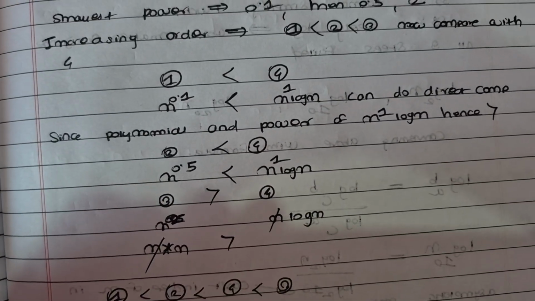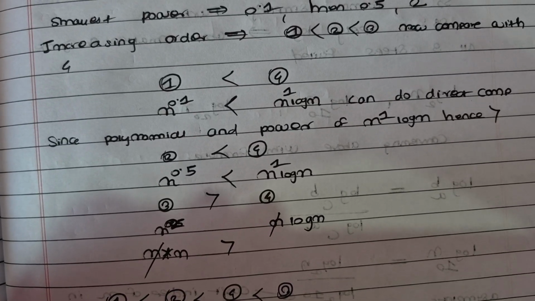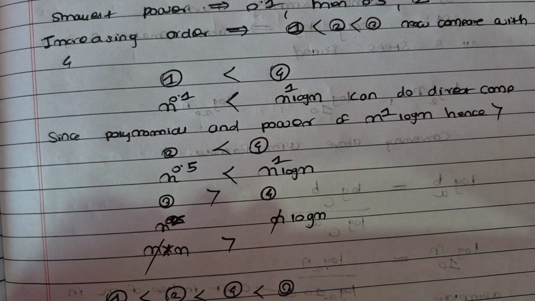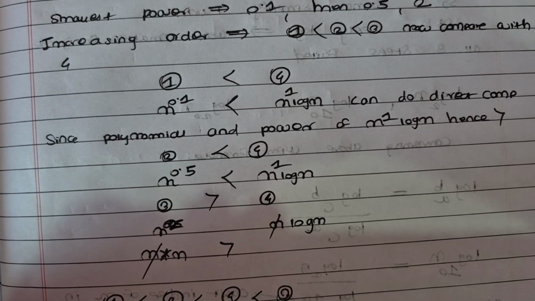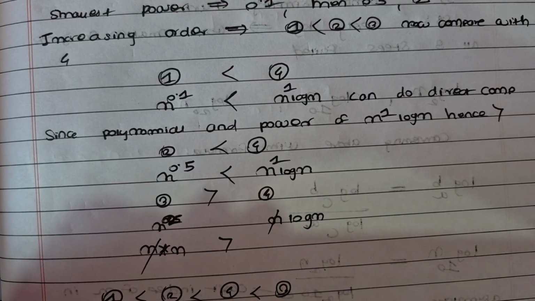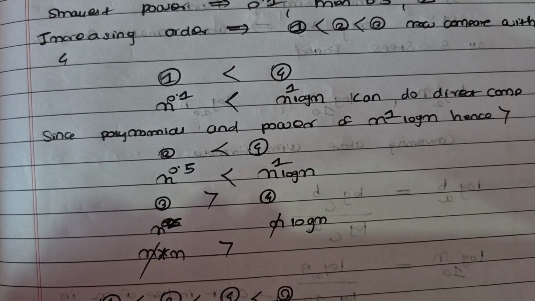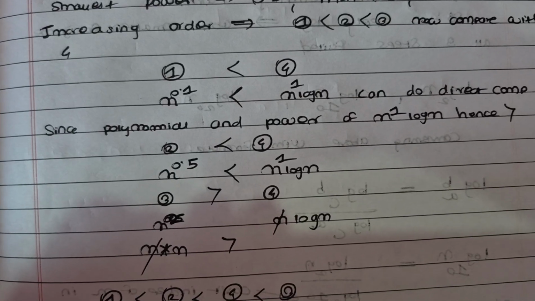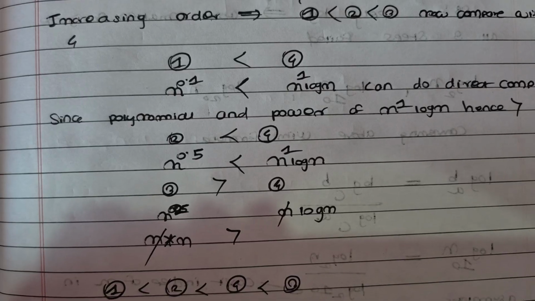You can see n raised to 0.1 is less than n log n, since here we can do a direct comparison: polynomial against n raised to 1 times log n. Second, n to the power 0.5 is less than n to the power 1 times log n, which is again less than n to the power 1, so 2 is less than 4.